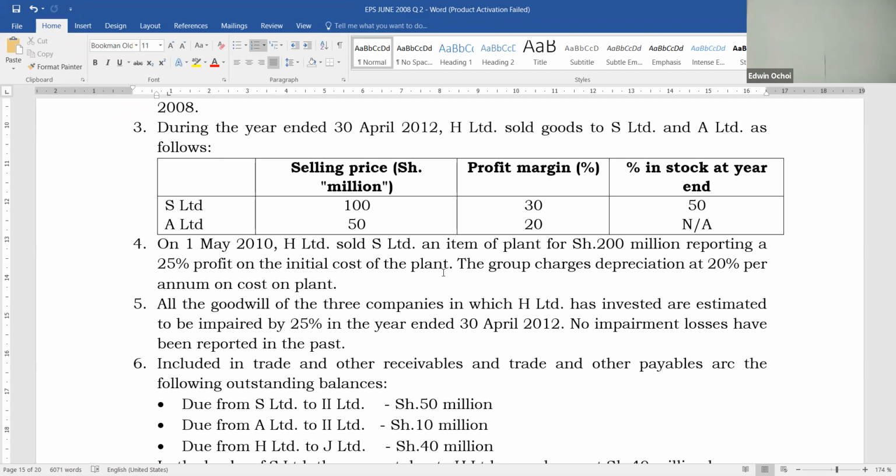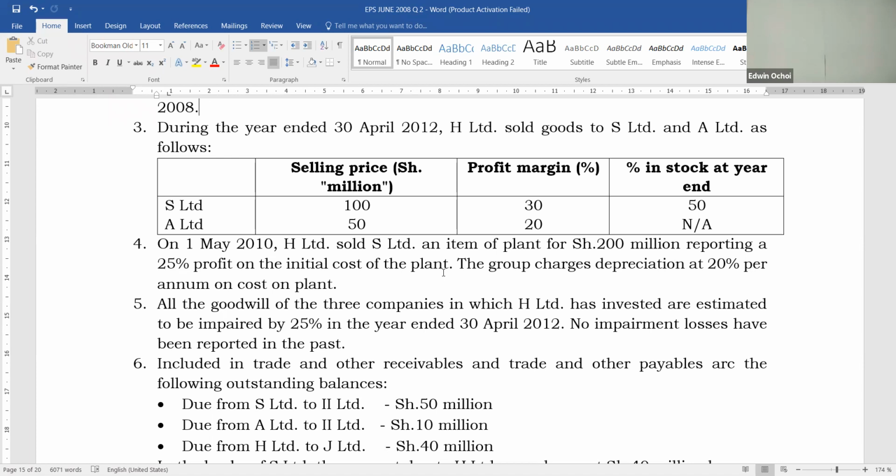So S will never realize the profit which H realized, this 25% profit. That is why when there's an intergroup sale of a fixed asset, we need to compute unrealized profit on fixed asset.